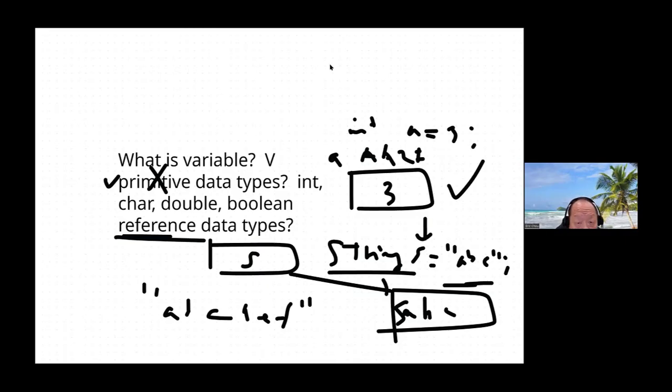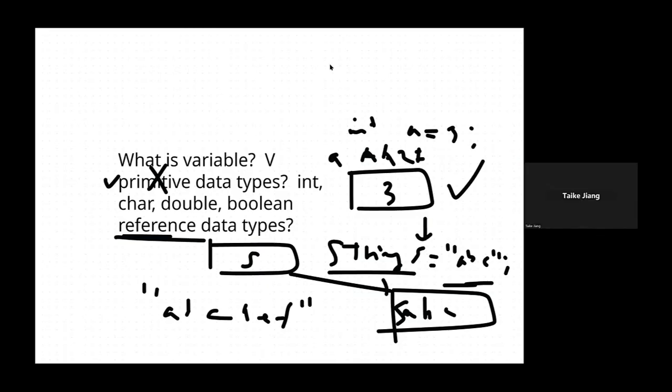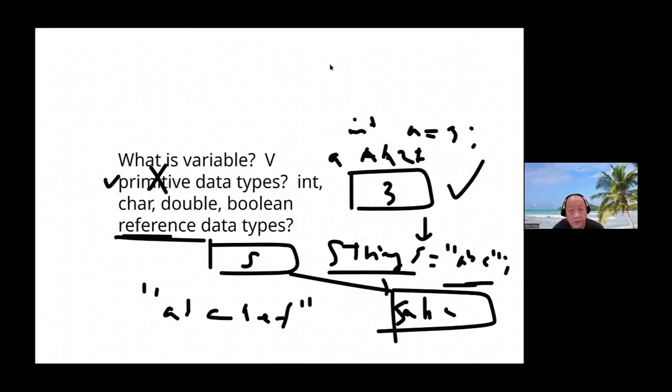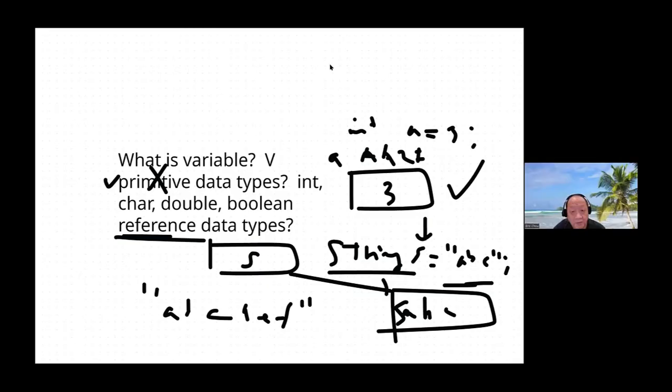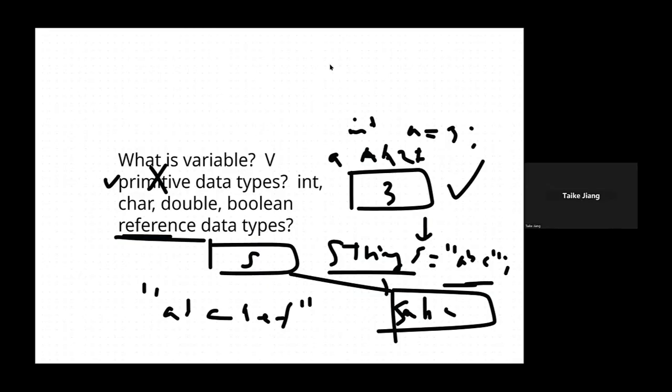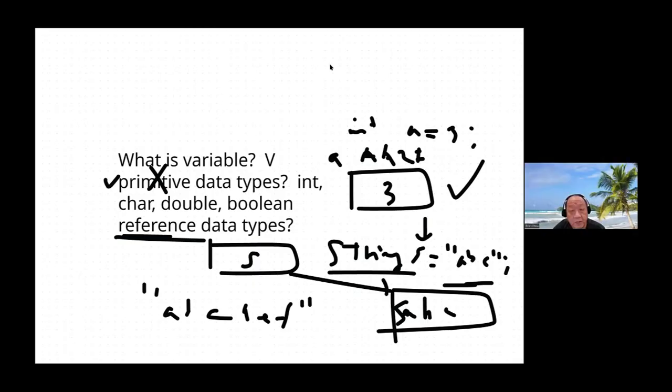Is that okay? So first we talk about what is primitive data type and what is reference data type. What is reference again? Reference data type is indirectly pointing to the memory location. Through another variable? No, it actually just remembers the address. It doesn't remember the value.